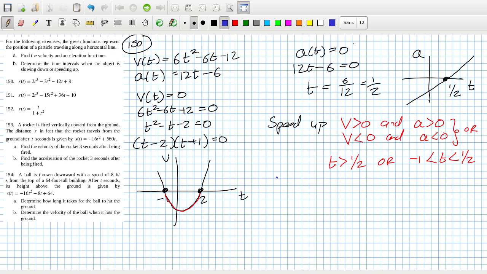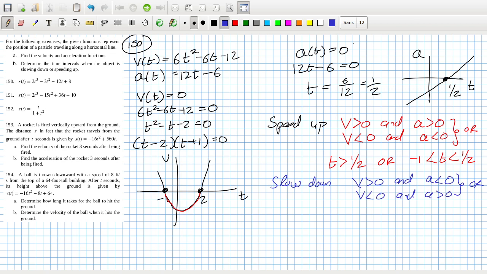And then slowing down, that's when the velocity is positive and the acceleration is negative, or the velocity is negative and the acceleration is positive.